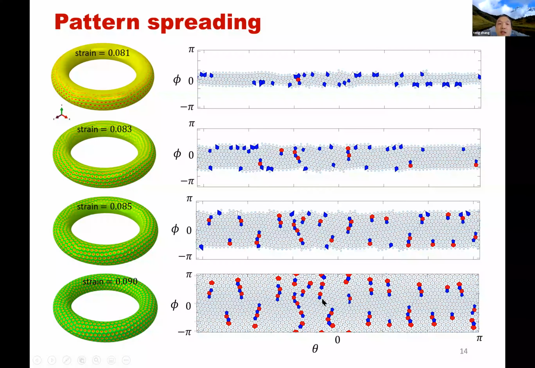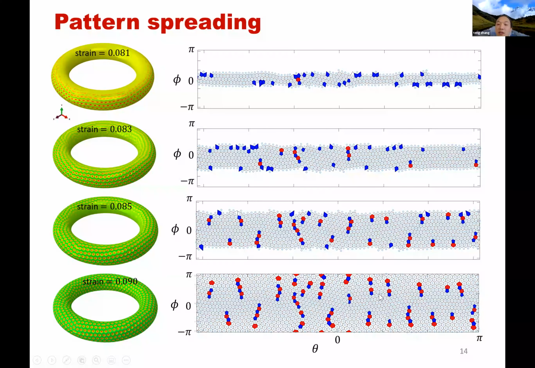If you think like people studying physics about the charge distributed on a curved surface, this torus has neutral charge. So if you count the heptagons and the pentagons, they should be the same. But how to understand this distribution, we are not sure yet.